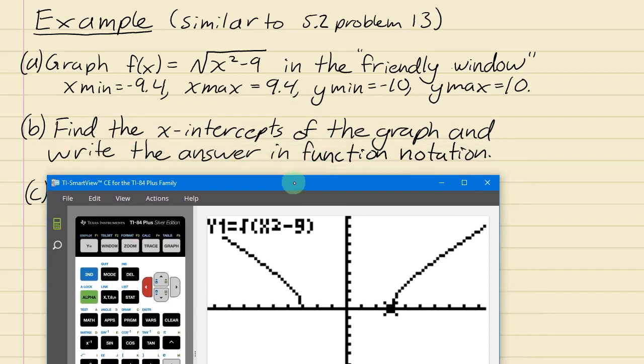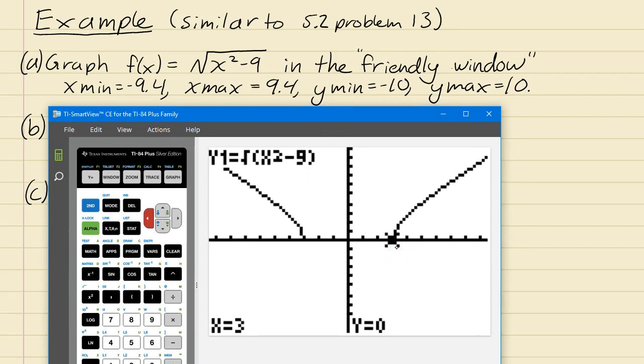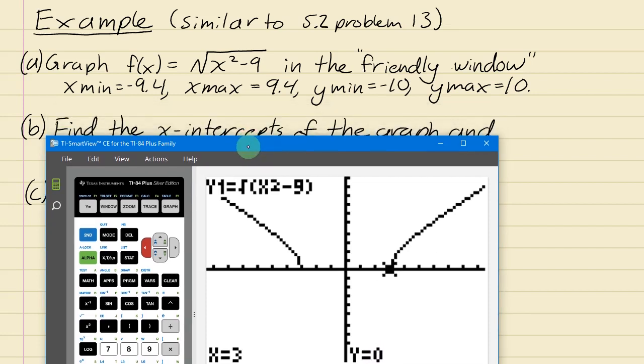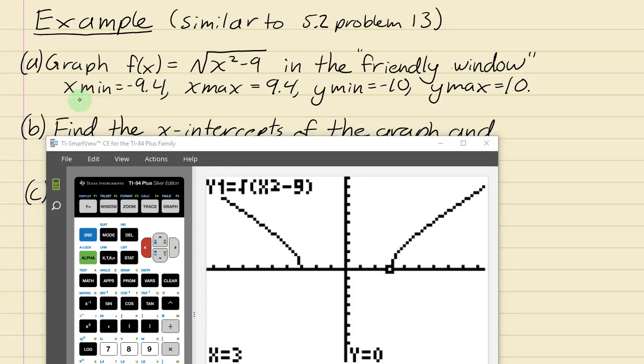If we wanted to find the x-intercepts of the graph, that's a point on the x-axis. We've got one right here. 3, 0 is one of the x-intercepts. So we can write 3, 0 to represent that point there.